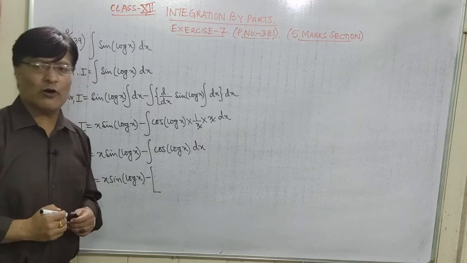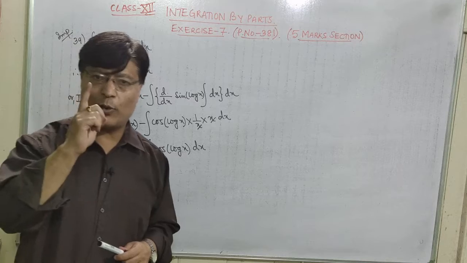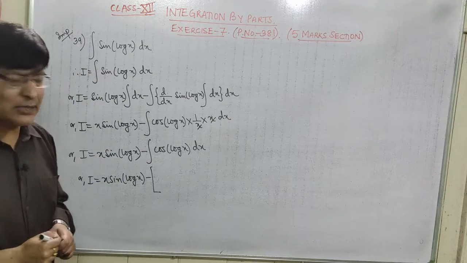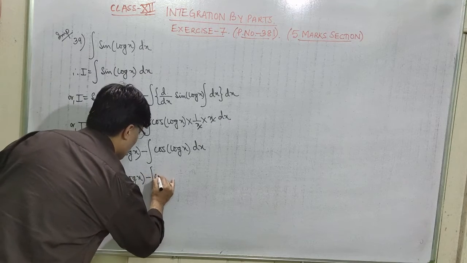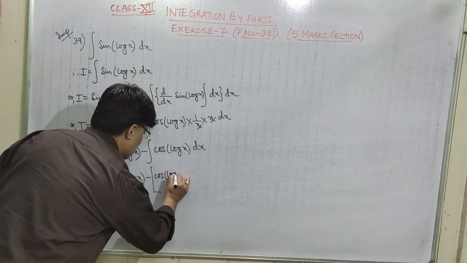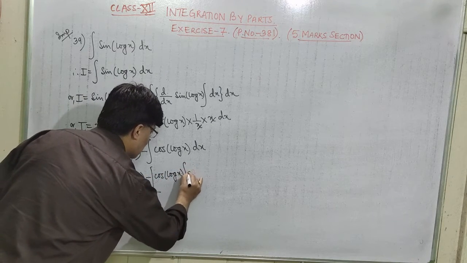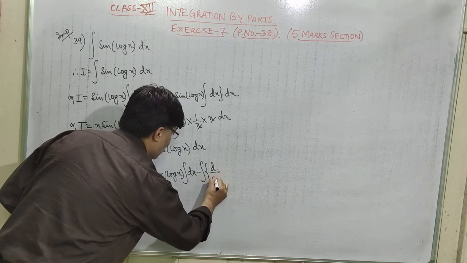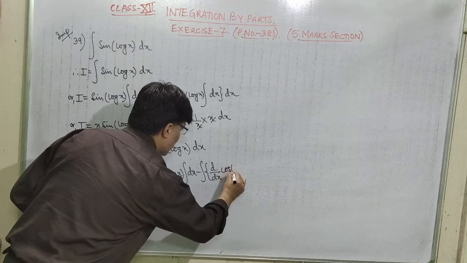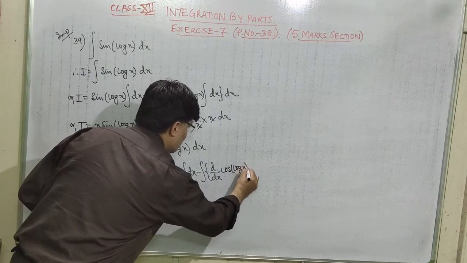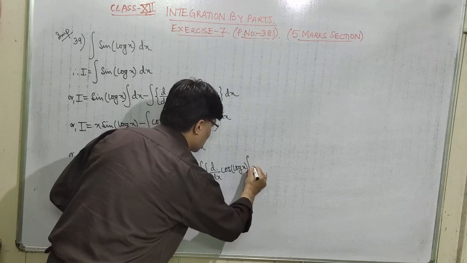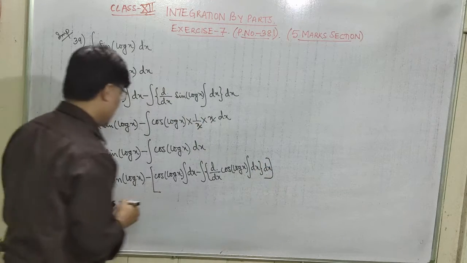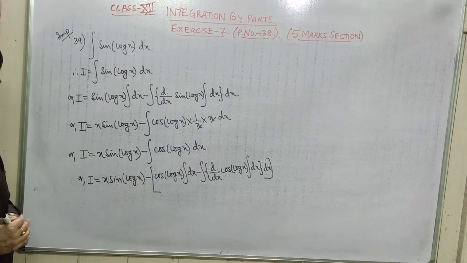Again, this cos of log x is taken as the first function and 1 as the second function. So let us use integration by parts in this case also. So cos of log x is taken outside, integral sine dx minus integration of second bracket dy dx of cos of log x, integration of dx, second bracket closed dx, then third bracket is closed.